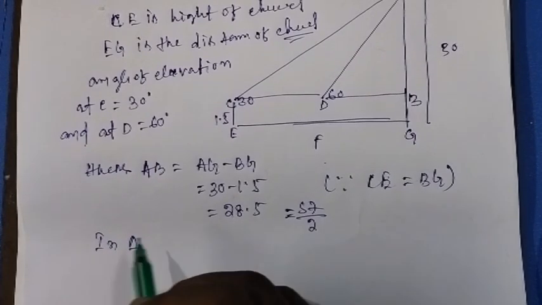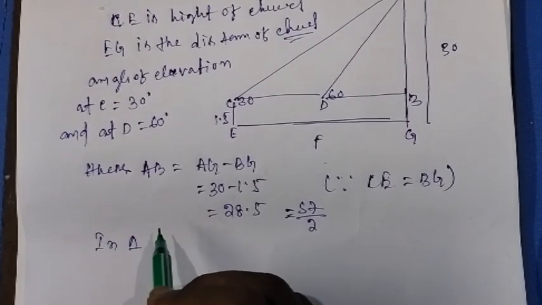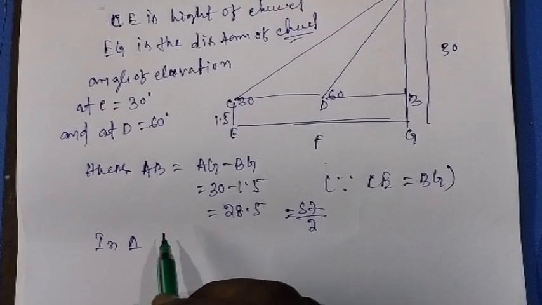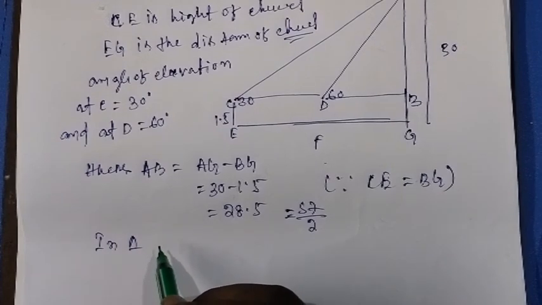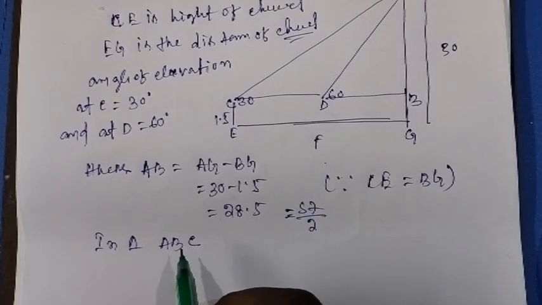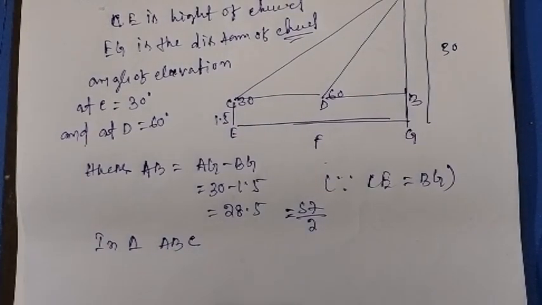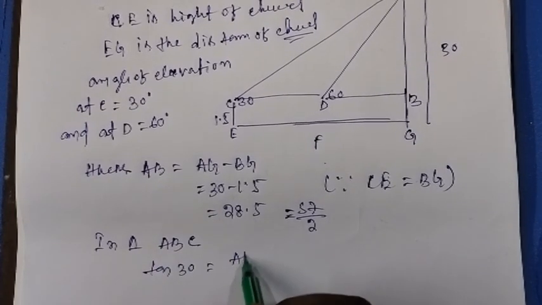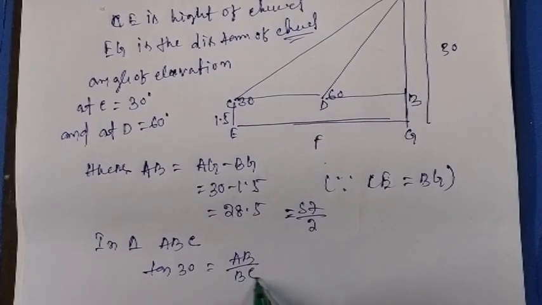In triangle ABC, tan 30 is equal to AB by BC.